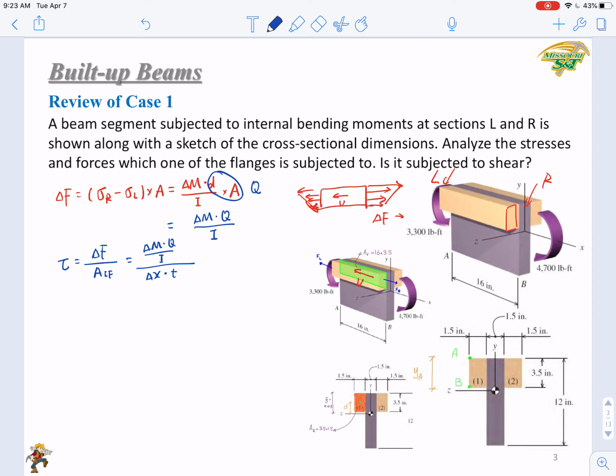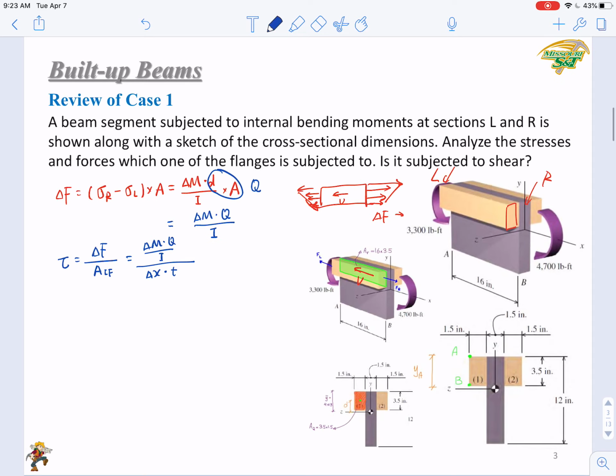The t is the thickness, and delta x is just here, the AB. This is delta x. Rearranging, you will get delta M over delta x times Q over I t. And here delta M over delta x is just V. So we got VQ over It. This is how we derived this shear equation.